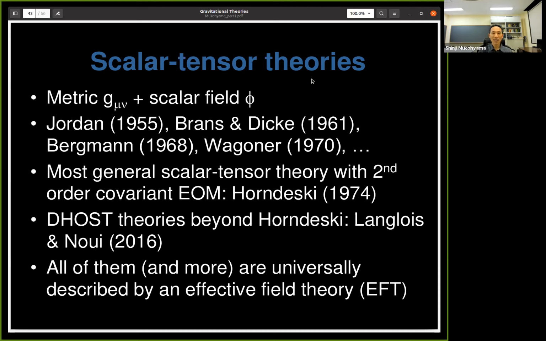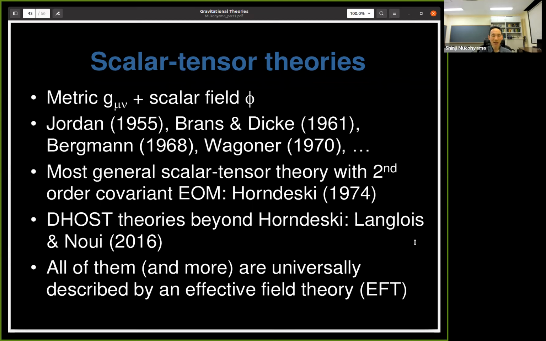The scalar tensor theories were considered by many people, starting with Jordan, Brans-Dicke, Bergmann, Wagoner, and so on. The most general scalar tensor theory with second order equations of motion, which is covariant, was constructed by Horndeski in 1974. And recently, more general theories, so-called DHOST, beyond Horndeski, were constructed by David and Karim in 2016.